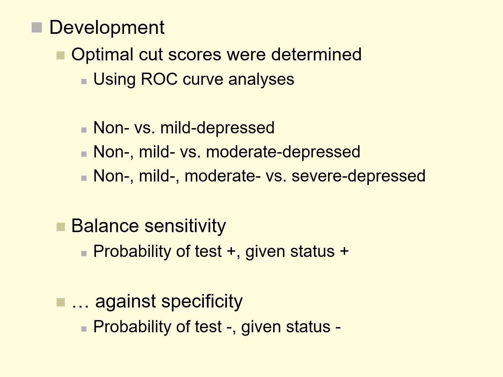We want the best probability of test positive given status positive balanced against the probability of test negative given status negative. And in ROC curve analysis, there's no one absolutely precise way to do this, but we get a general sense, usually, that there's a best place to cut a score or place a marker on a continuum of scores.